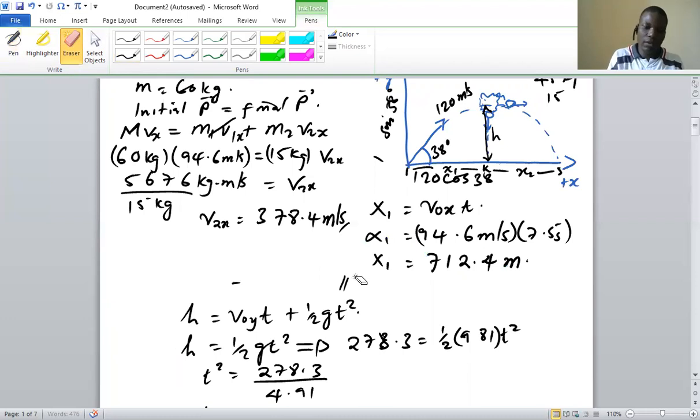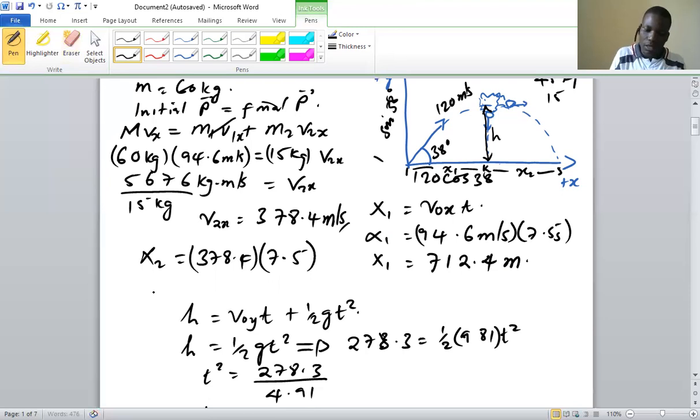So distance now is going to be the speed 378.4 multiplying by the time that we calculated, 7.5. So x2 is going to be 2,838 meters. Okay. So that is x2.